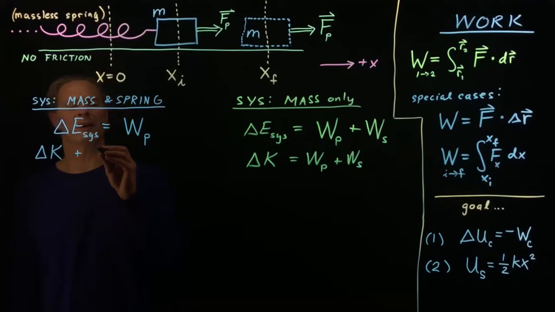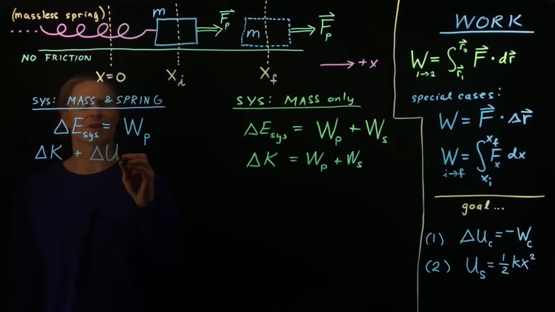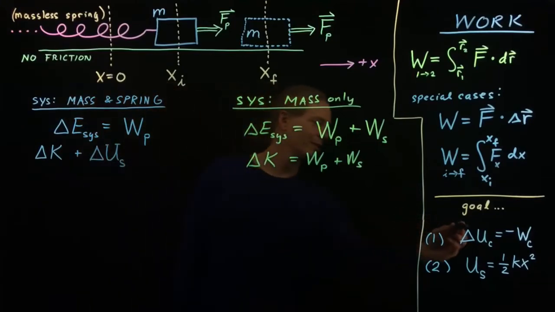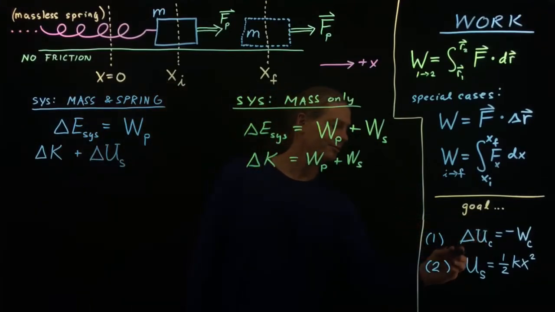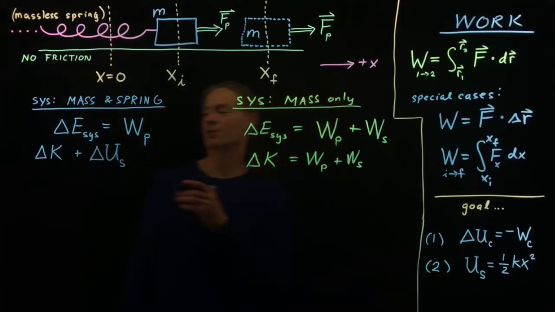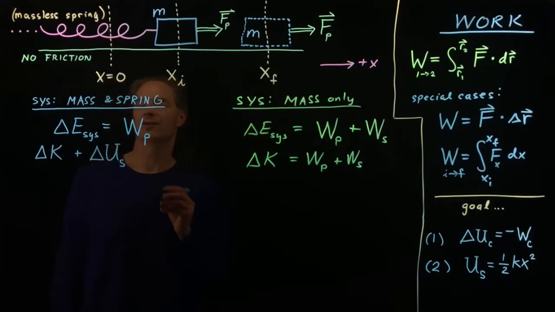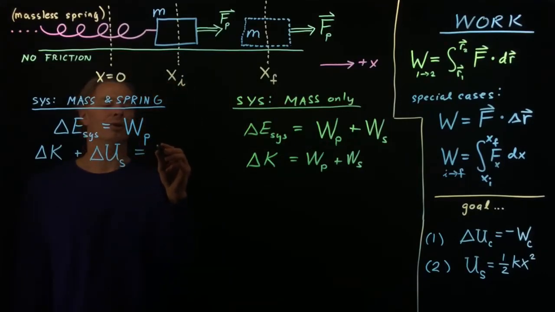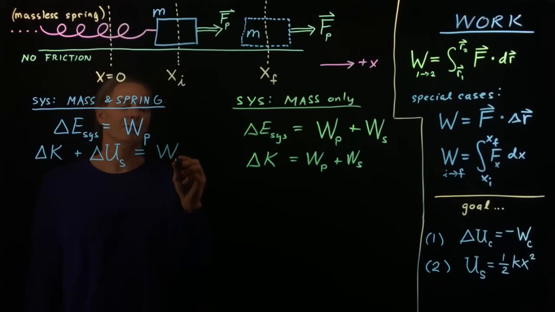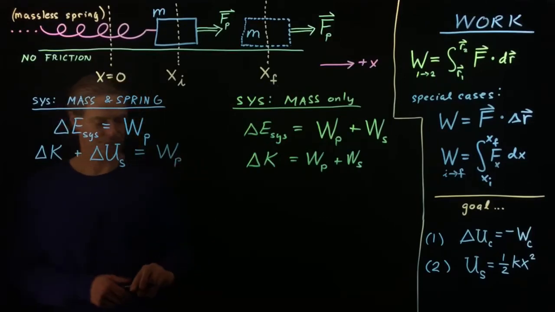But now I also have the change in spring potential energy. I'll call the spring potential energy capital U sub s. So I'm using the symbol capital U for potential energy, and those together will equal the work done by the pulling force.